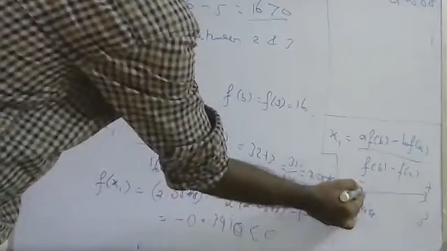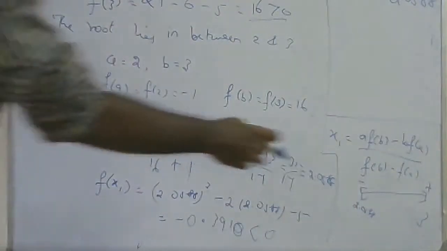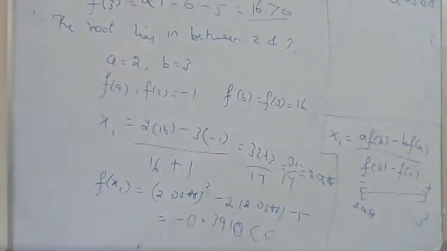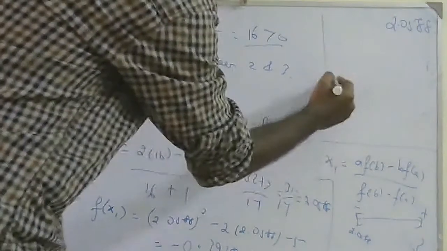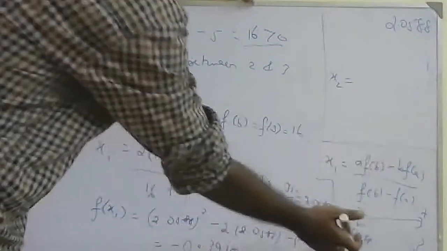Okay. Now, wherever the A is in the formula, you have to replace it by x1. Therefore the next iteration becomes x2 is equal to, wherever a is there you have to replace it by x1.